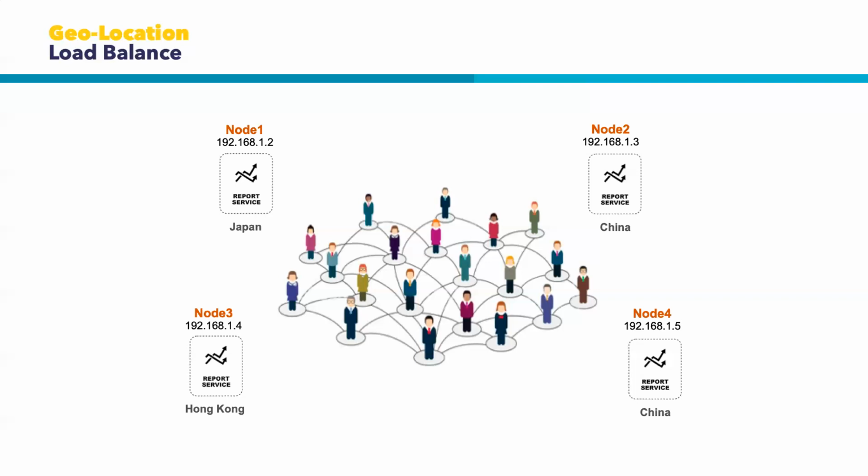Now, take note, sometimes it's actually a hybrid. For example, if you look at node number 2 and node number 4, I am a China user. For example, Babi-san. Babi-san is from China. Now, when he accesses the server, it detects that there are 2 nodes in China.